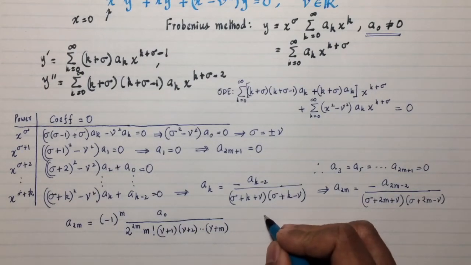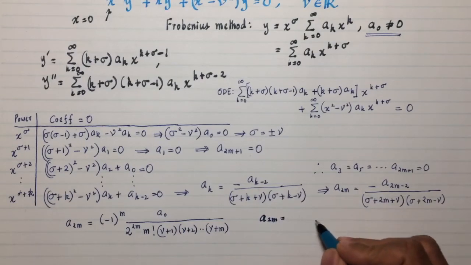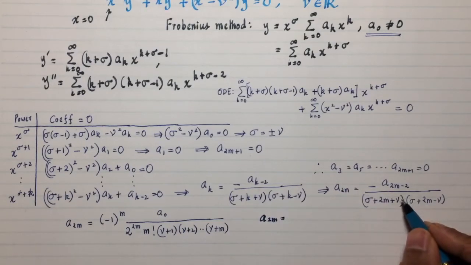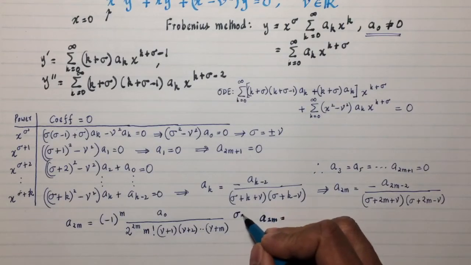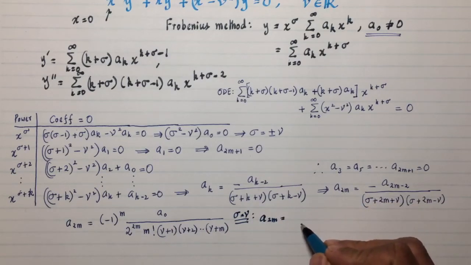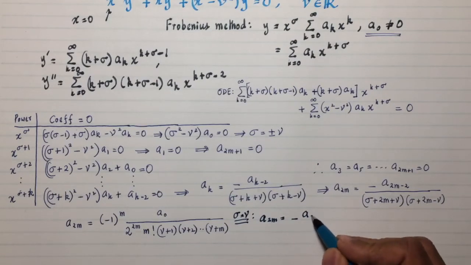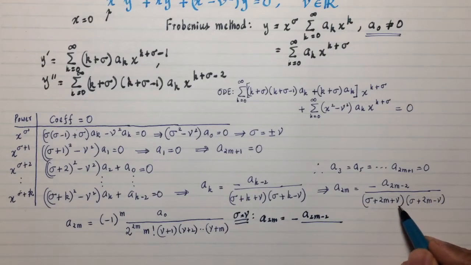Let's do a2m. Well, we have to take sigma equal to something. Let's take sigma equals nu. If sigma equals nu, then I'm going to get a2m equals negative a2m minus 2 divided by 2m plus 2 nu.